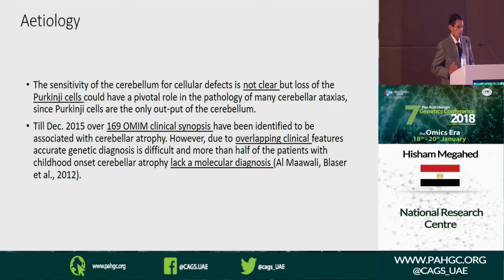And up till 2015, there were about 196 reported disorders with developmental delay and cerebellar atrophy. But all of these disorders still don't have a specific genetic disease that we can directly test for to confirm them.